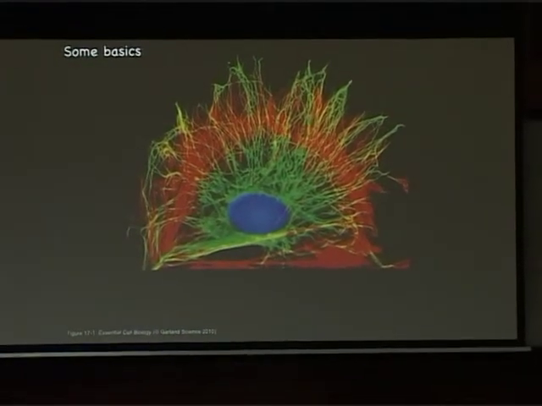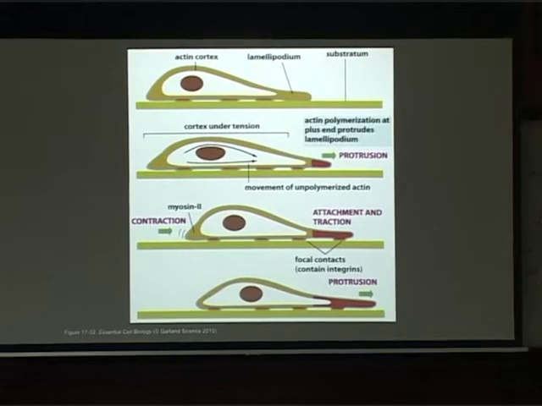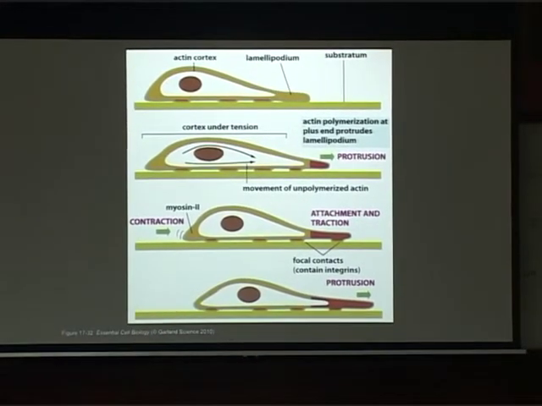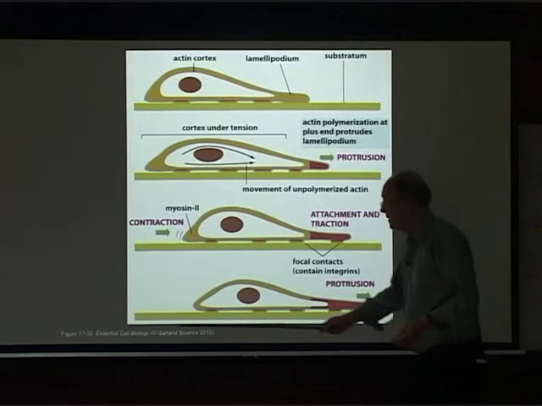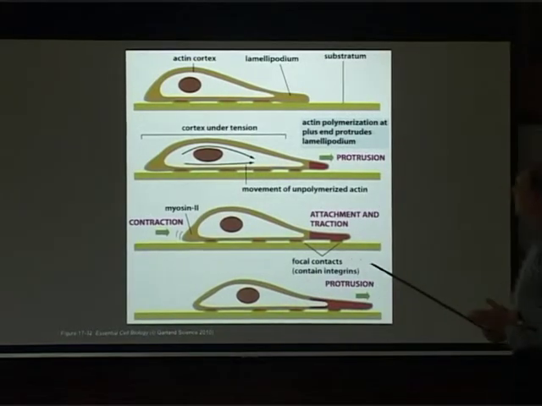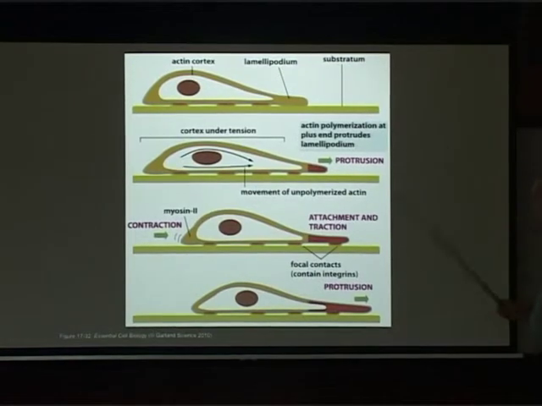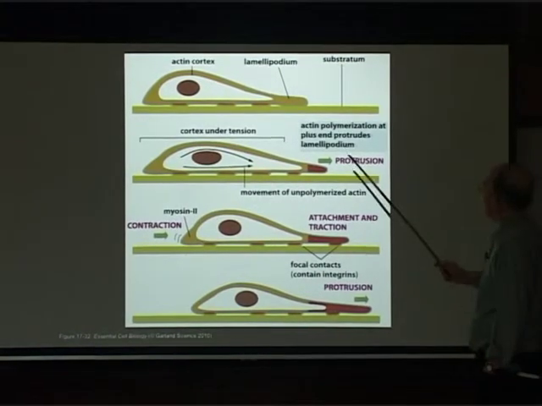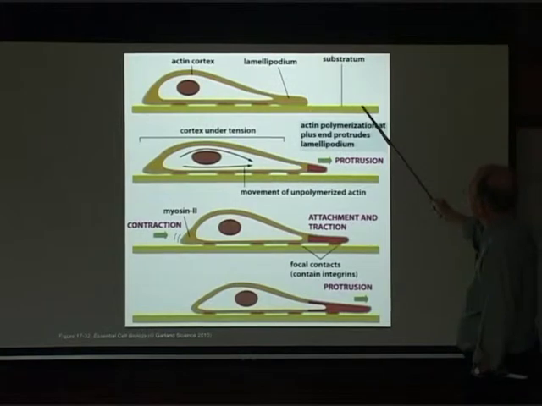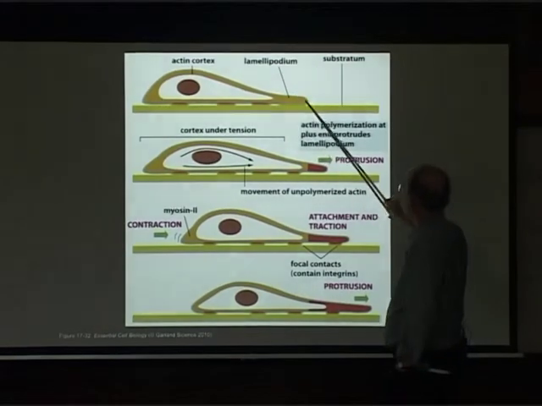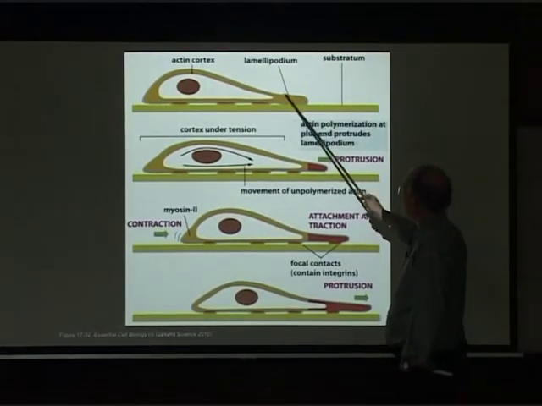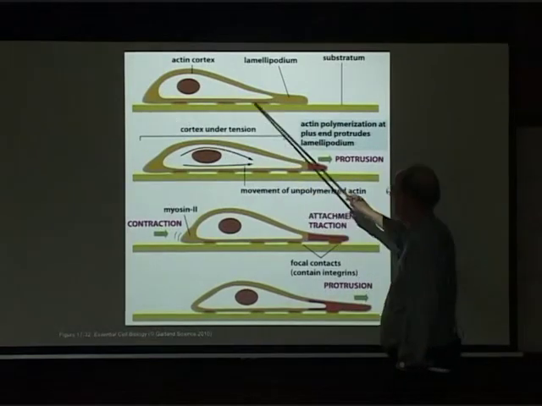But it's not just a bag of cytoplasm. And we know quite a lot, in principle at least, enough to draw a cartoon in this textbook about how cells crawl. That's what I'll be talking about. But just to give you a very, very brief overview, they stick to a substratum. They send out something called a lamellipodium. And they have a cortex made of actin.